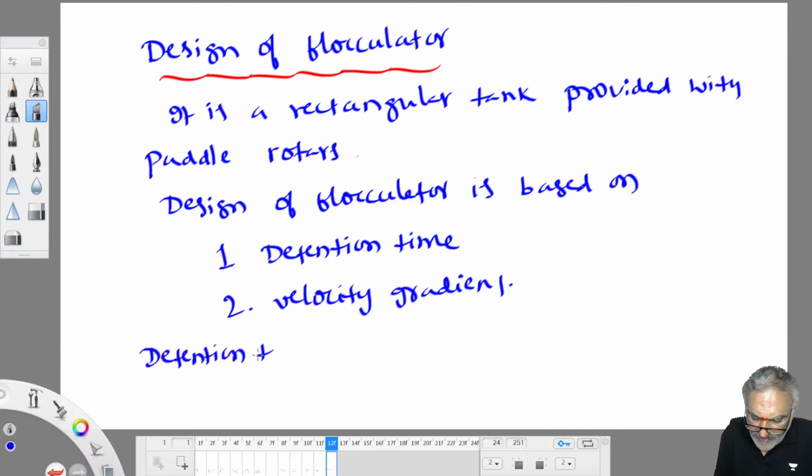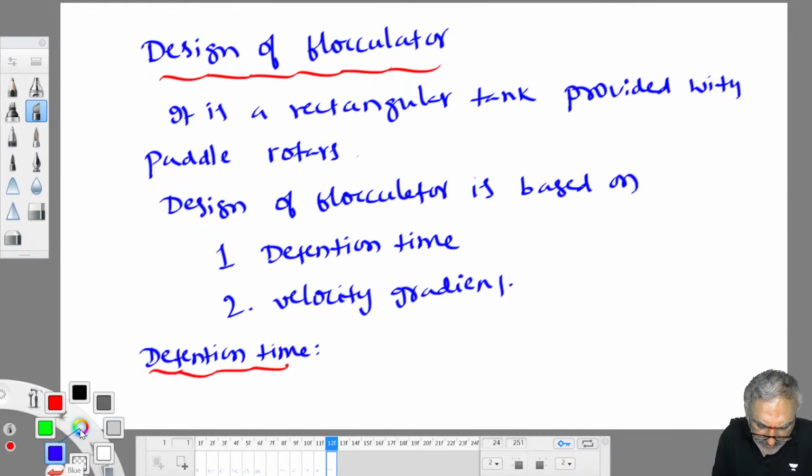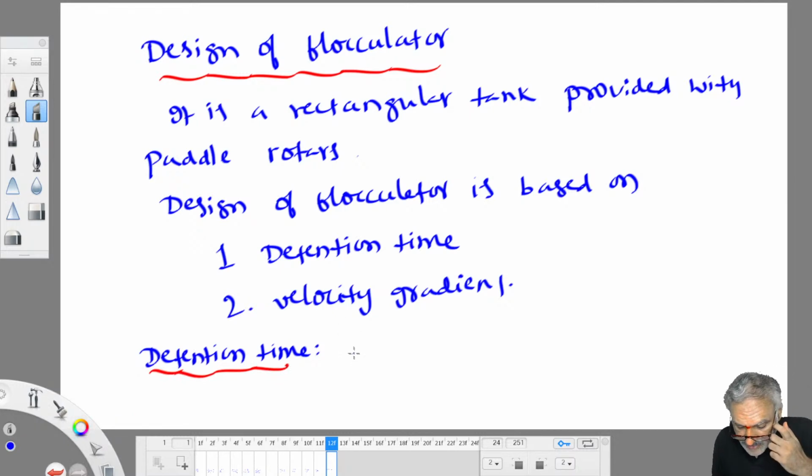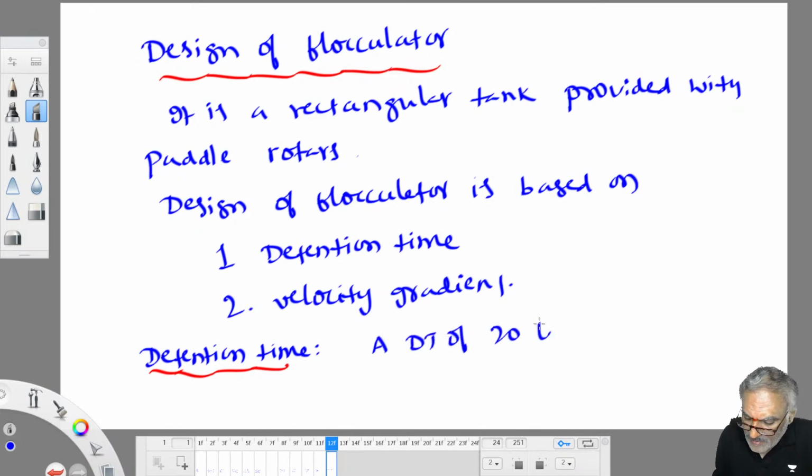Normally a detention time of 20 to 40 minutes we provide. A detention time of 20 to 40 minutes is required to produce good flock in water.